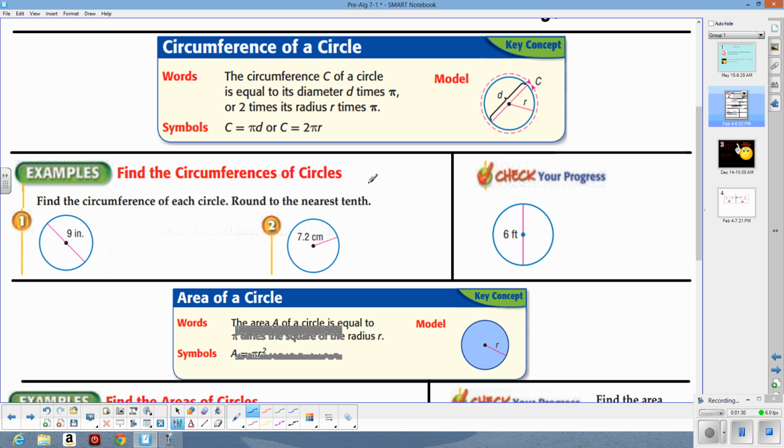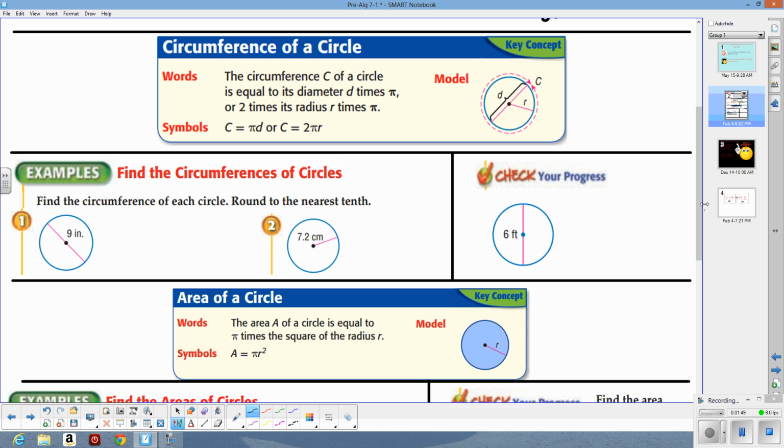The circumference of a circle, or the distance around, is equal to pi times the diameter, or if you prefer to use the radius, it would be 2 times pi times the radius, because 2 times the radius is equal to the diameter.